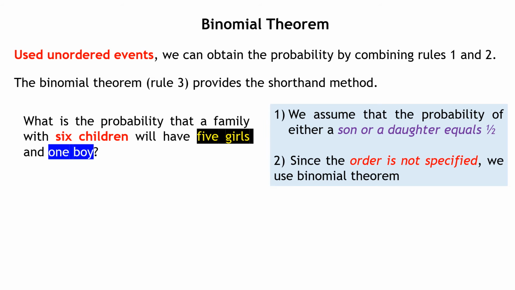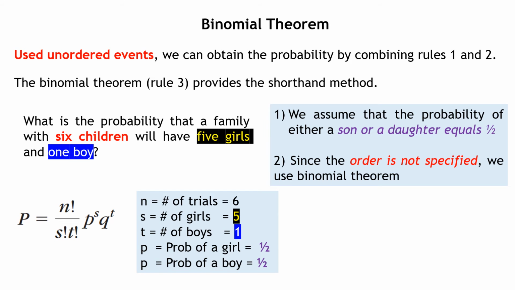And remember that here the order is not specified, so we can use the binomial theorem, okay? We have this formula that in the beginning looks too complicated, but I will show you that it's very easy to interpret. Here they're asking you for this n, and this n is the number of trials. The number of trials is very easy. It will be 6. Why? Because there are 6 children, so you have to repeat this 6 times.